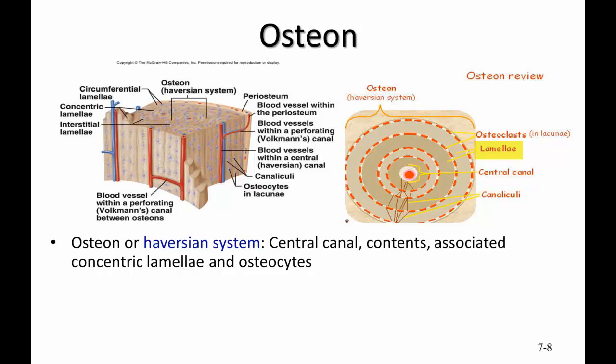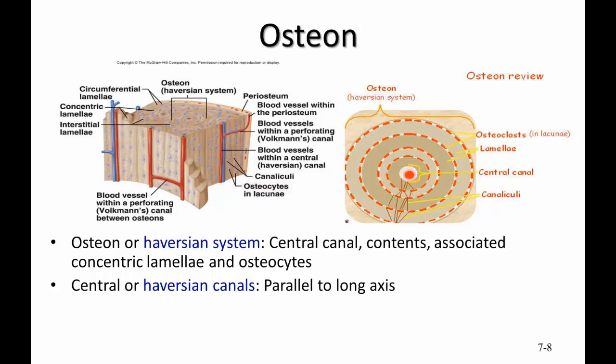You cut through a tree, you see those rings. That's the appearance that we get. And then also, it almost looks like there's little ants sitting along those rings. Those are going to be the osteocytes, again, sitting in a lacuna.